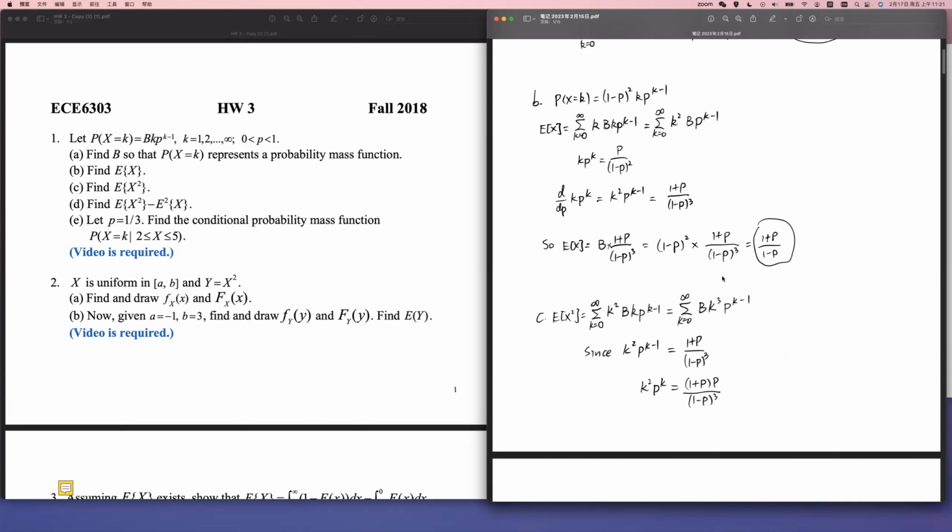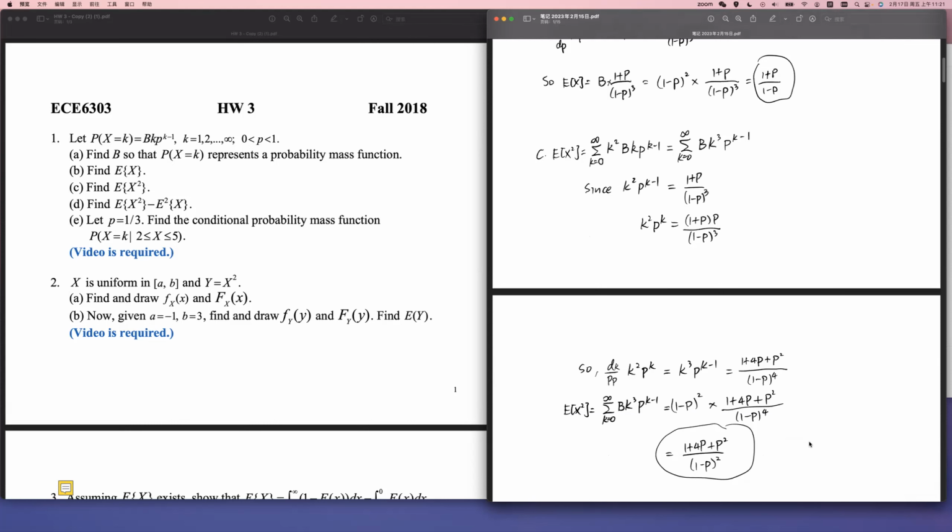From part B we get that the sum of k squared times p to the power of k minus 1 equals this, and we again multiply by p to eliminate the minus 1 part, and then take the derivative. So we get the sum of k cubed times p to the power of k minus 1 equals this.